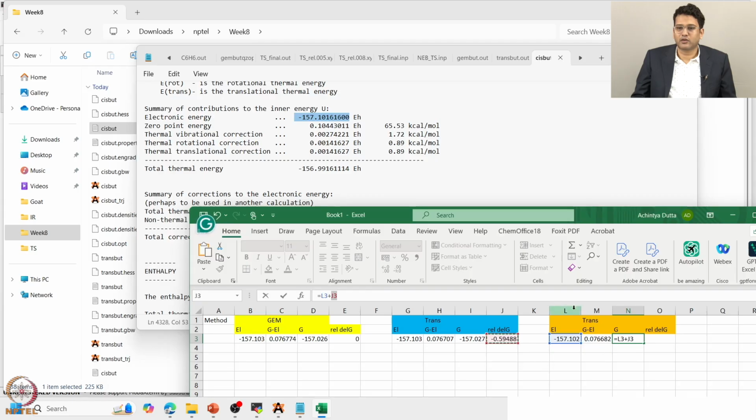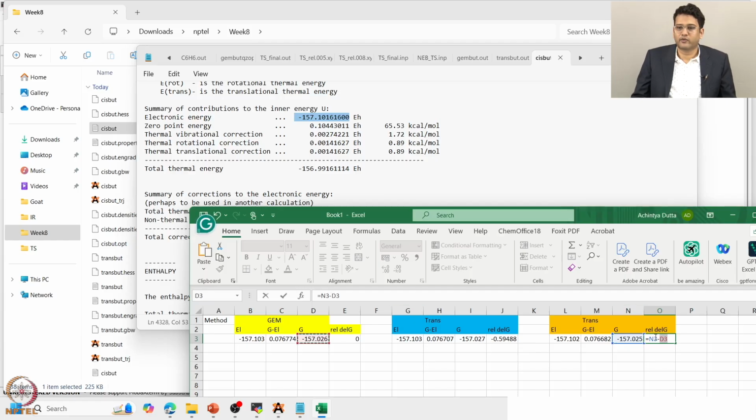Oh, it should be L3 plus M3. And if I want to compare with respect to the gem isomer, then this is this minus the free energy of the gem isomer.